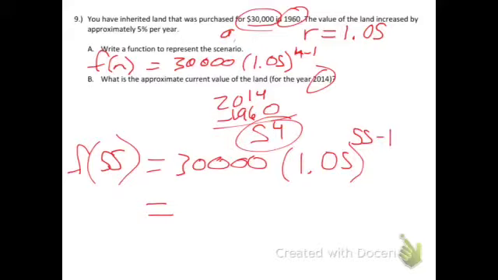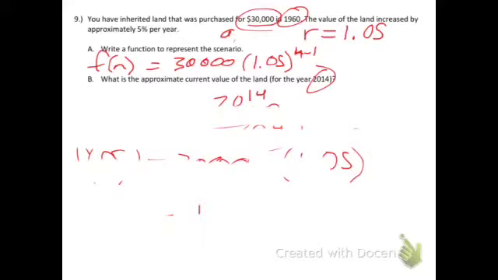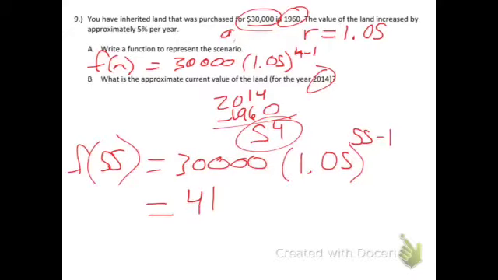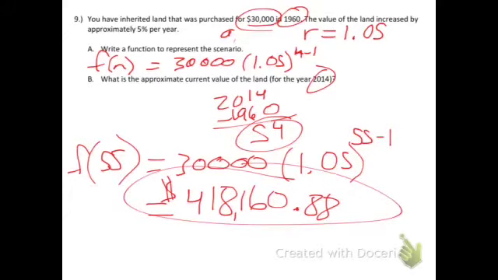And it is actually a fairly large number in comparison to what it used to be. It used to be 30,000. Now you're looking at $418,000, about 88 cents. It's oodles and oodles of money, but 5% a year for 54 years, that's a long time, and so you expect it to grow something like that.